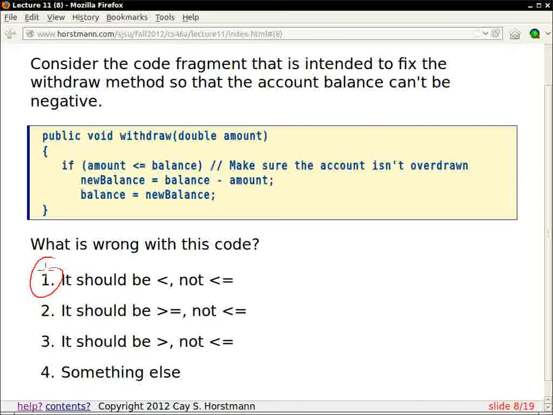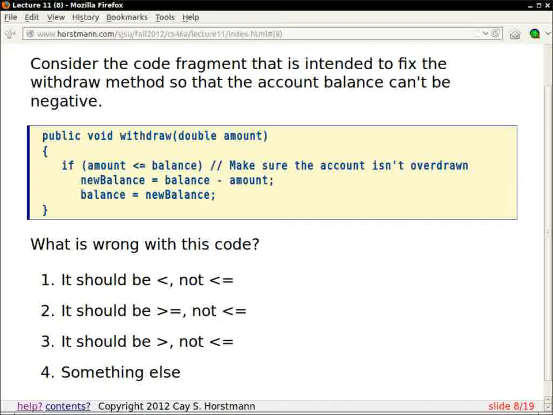Now, of course, you can reason from general principle. You can say, I should be able to take the entire balance. And if that's easier for you, by all means, go ahead. But most people find it easier to reason from an example. And a well-chosen example is perfectly fine in this case. So I'd always encourage you that if you want to test out, should it be less equal, should it be less than, make a simple example and go from there.